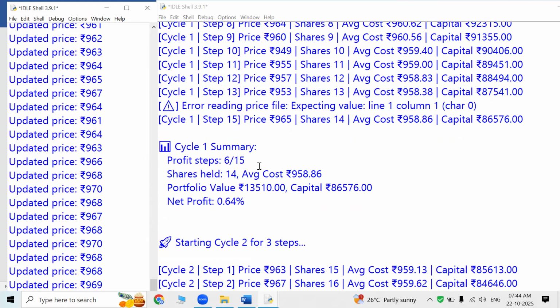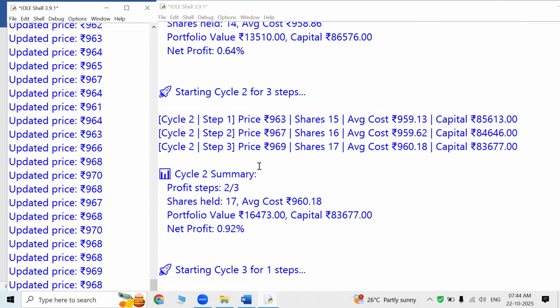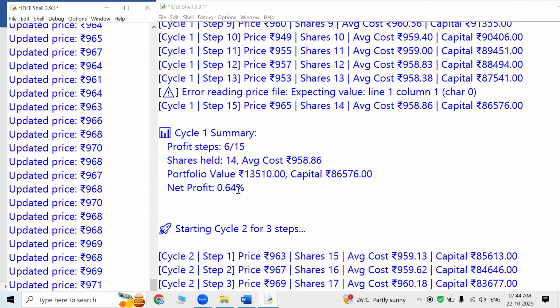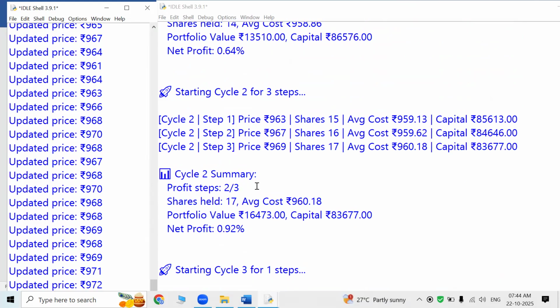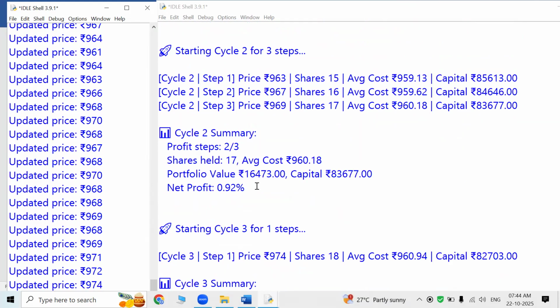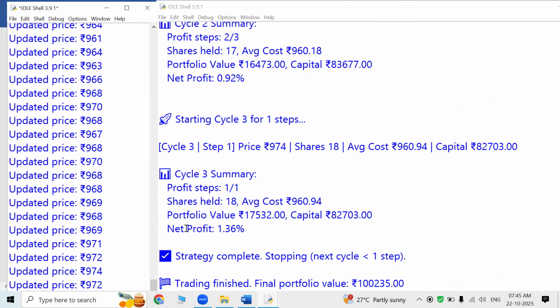So now we are going to take only 3 steps. Okay, 2 steps were profitable, so we are going to take only 1 step. You can see it has made a profit of 0.64. The net profit is 1%. After 6 cycles, we have basically reached our requirement.